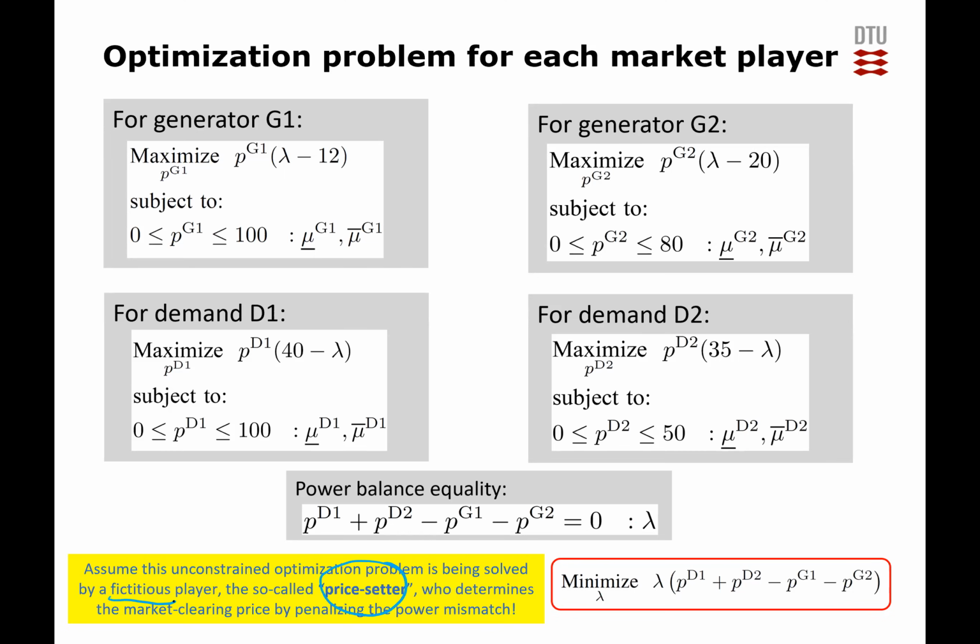The price setter's objective is to minimize or penalize the supply and demand mismatch. So this is the price setter who solves this problem. I will explain later why we are keen on this kind of optimization problem and not this coupling constraint.